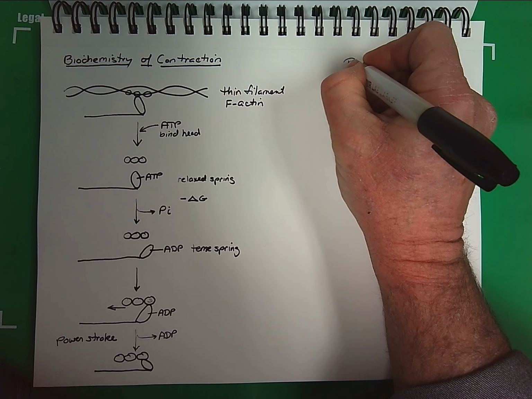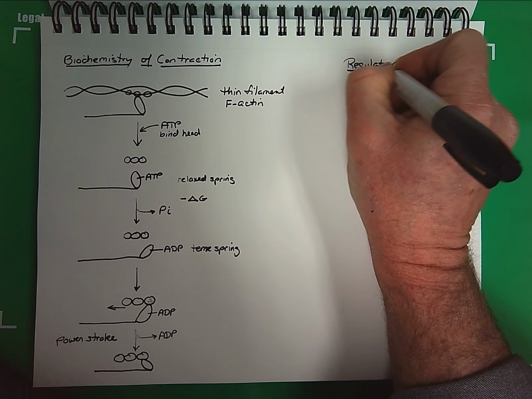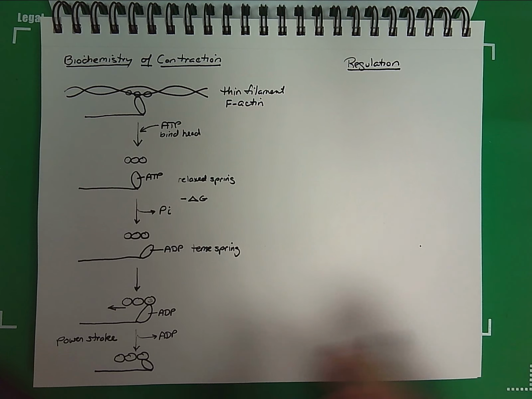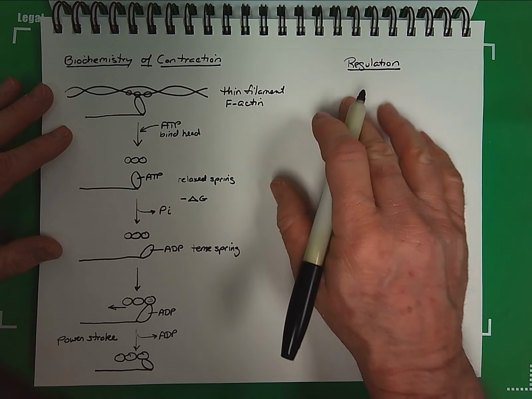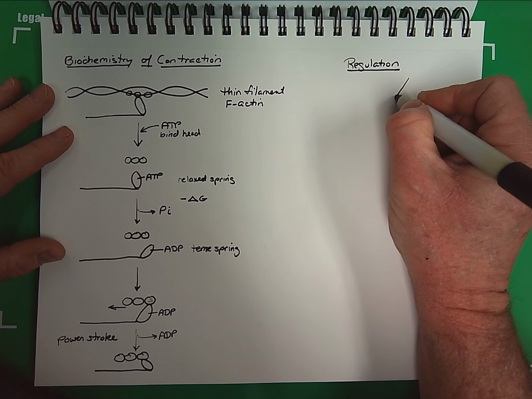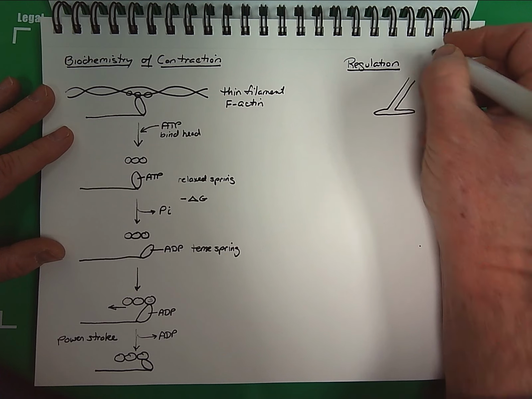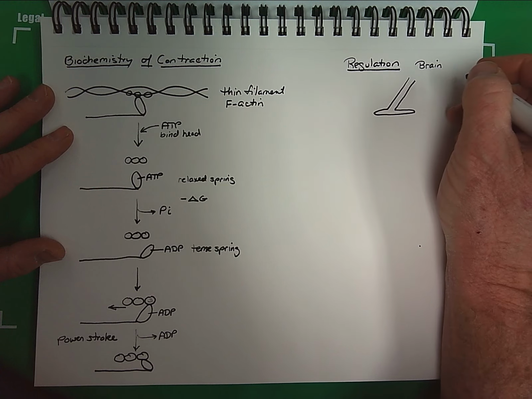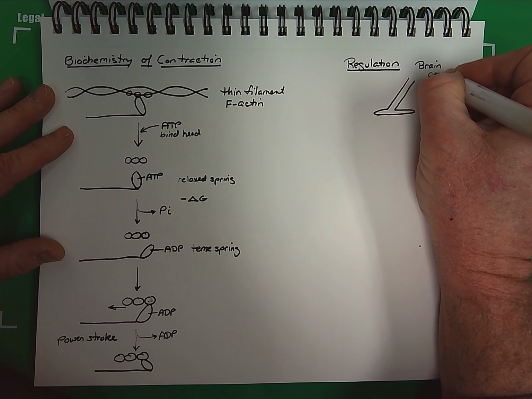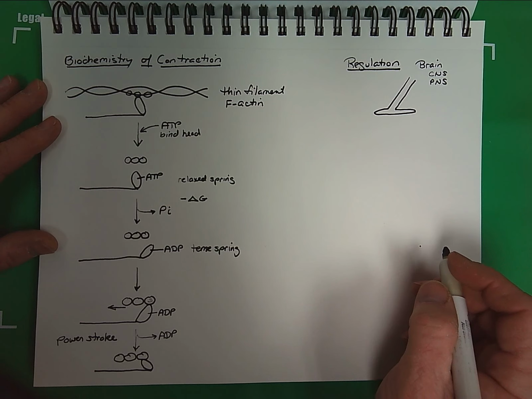Now, regulation. Of course, we want our actin-myosin interactions regulated so that contraction is a controlled, smooth event. And so what we are going to have here is neuroconduction. This, of course, is coming from our nervous system, from our central nervous system and our peripheral nervous system.